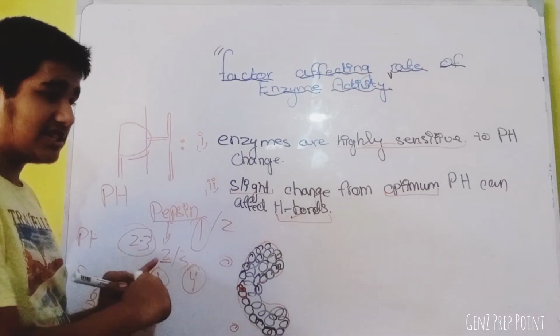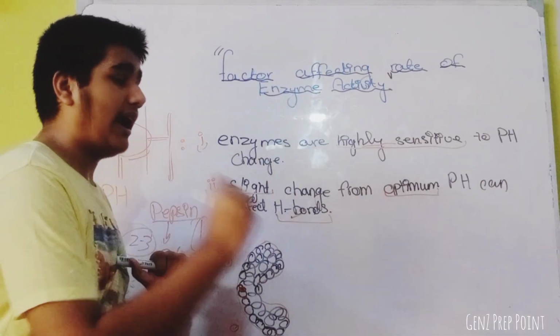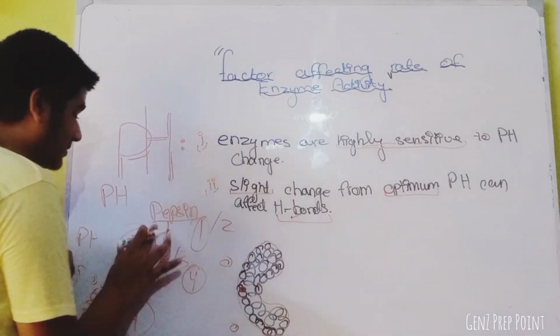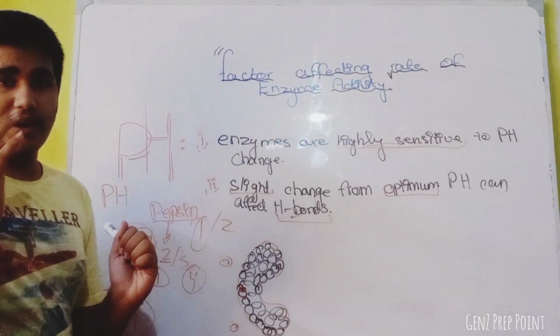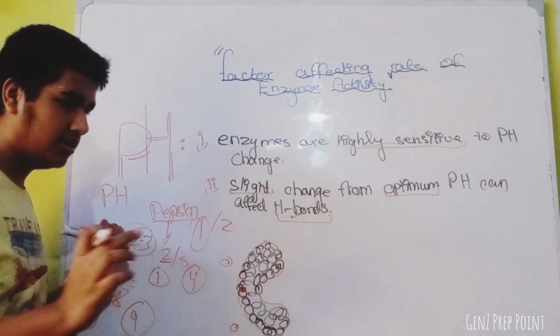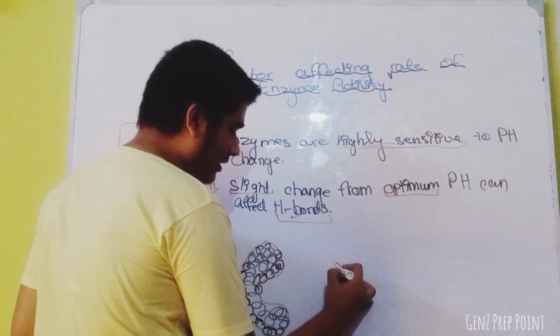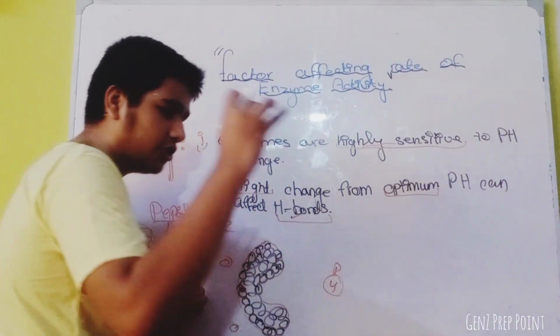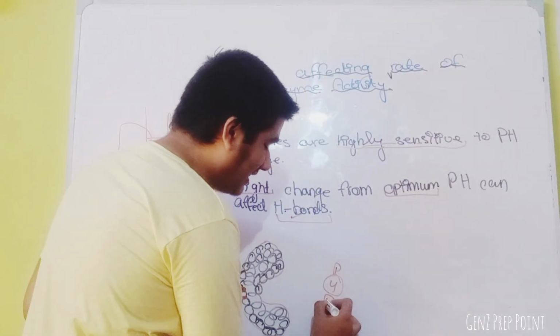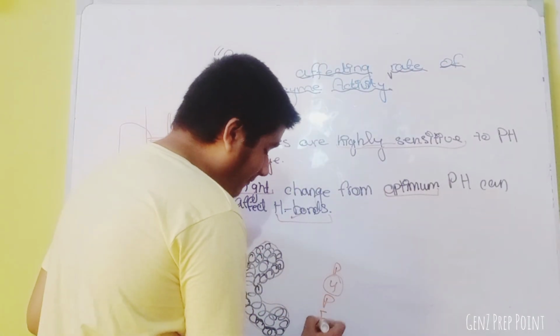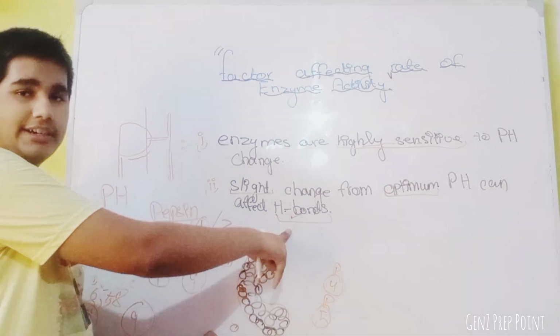At this pH, the enzyme works at its highest level. If we give pepsin this pH, it will show the highest enzyme activity compared to any other pH. If I give pepsin 4, it will show less enzyme activity. If I give pepsin 5, it will affect the hydrogen bonds.